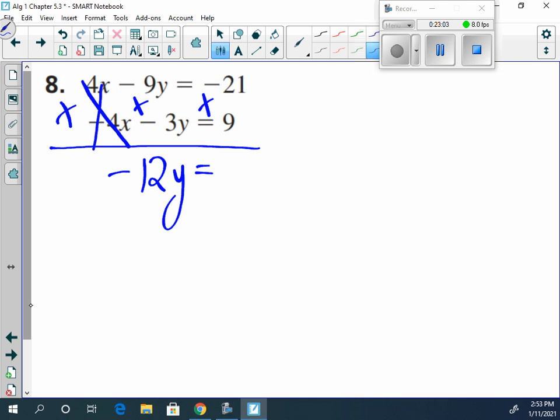Because here the 4 and negative 4 are opposite. So since the 4 and negative 4 are opposite, we added. So we add across everything. It's not so much that the y's are opposite, but since we decided to choose x as the one we're going to eliminate, because the x values are opposite, that's the one we're canceling out.